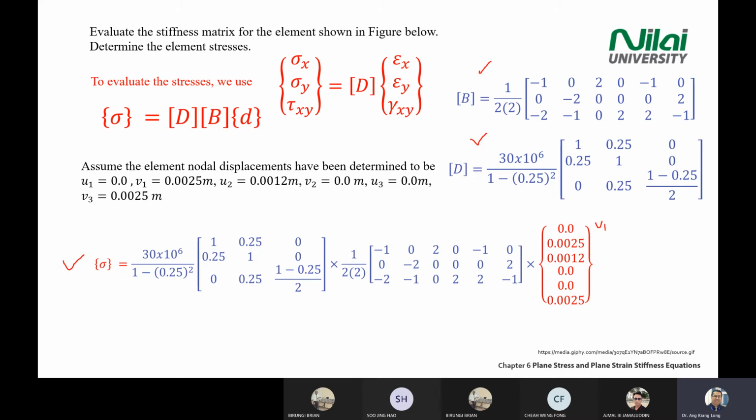The first one is U1, the second one V1, or UI, VI, UJ, VJ, UM, VM. Remember, our calculation is I, J, and M.